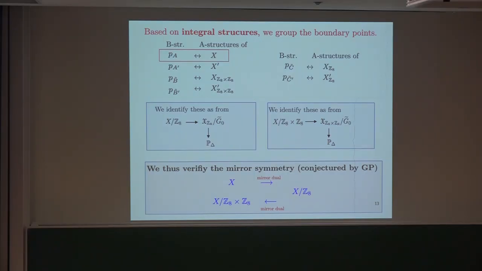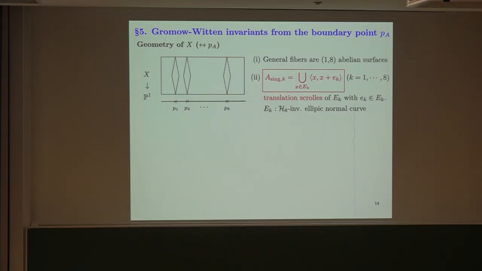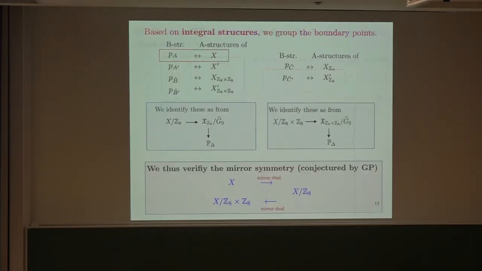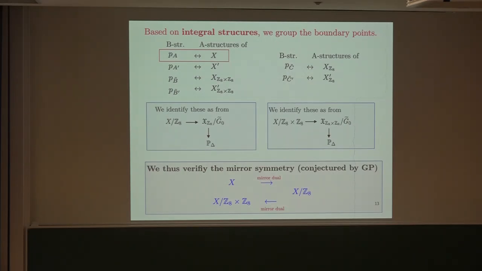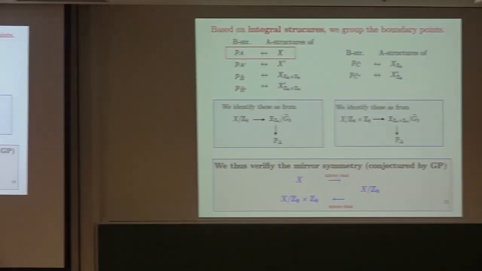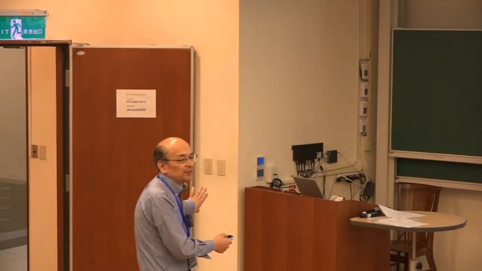Now maybe 9 minutes is too much, so I still have many slides, but very quickly just show you another aspect. So this is the mirror symmetry part, and my conclusion is just as I said: construct the mirror family and look at the parameter space globally, and then if the family is nice, we can find the boundary point, which we can understand with the A side, so birational geometry or Fourier-Mukai type partners.